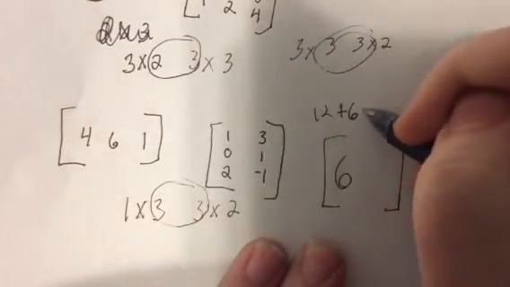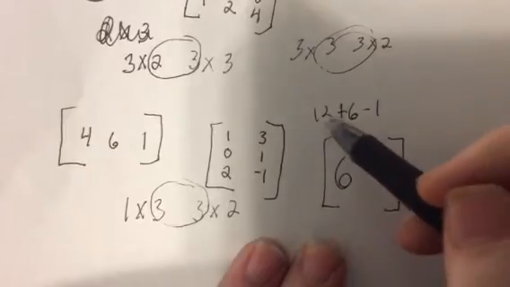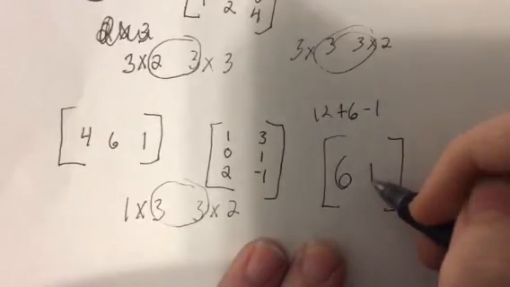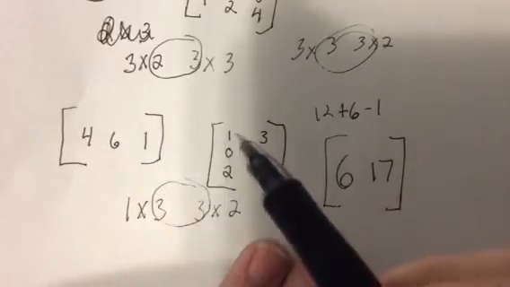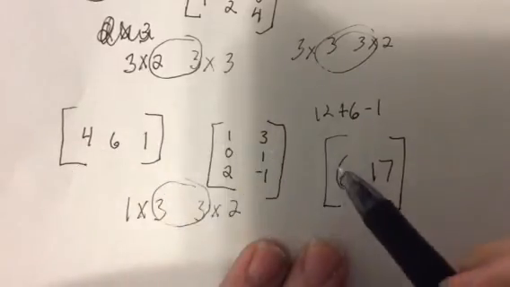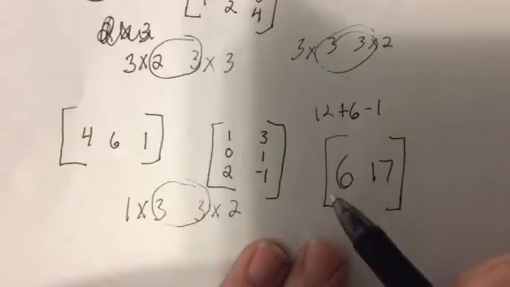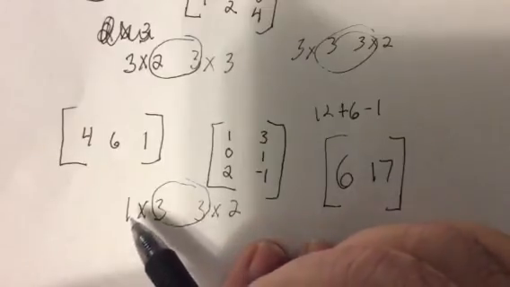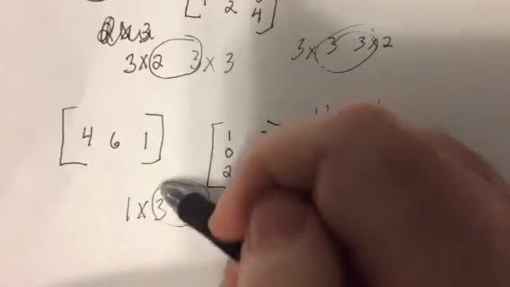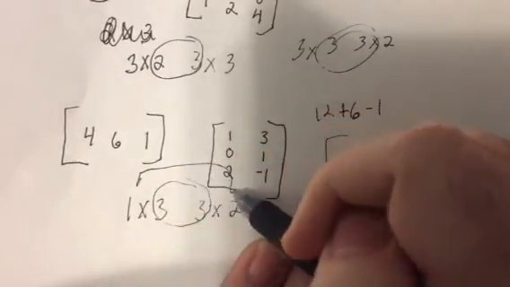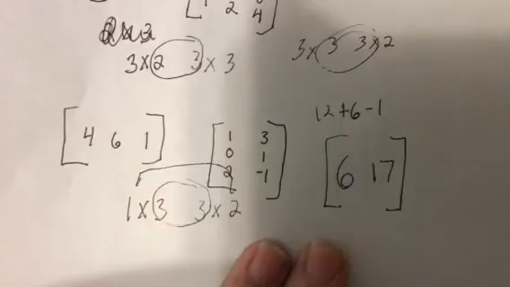And 1 times negative 1 is minus 1. So 18 minus 1 is 17. So notice we went from a 1 by 3, a 3 by 2, and now we just have a 1 by 2. So when you multiply, the outside numbers actually give you what the new matrix should be.